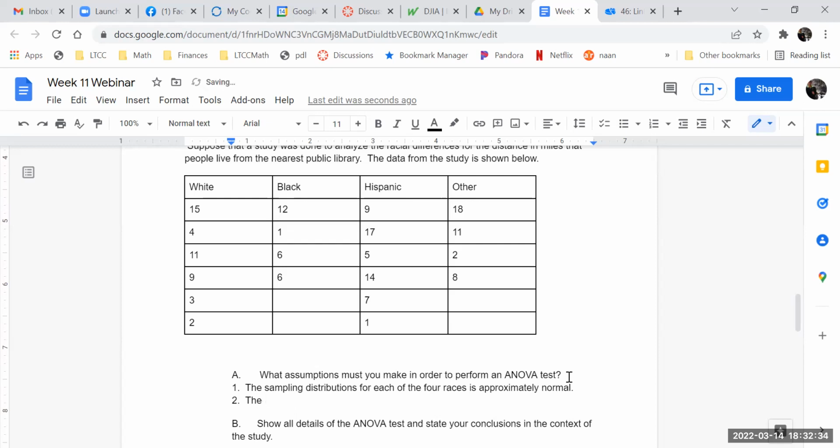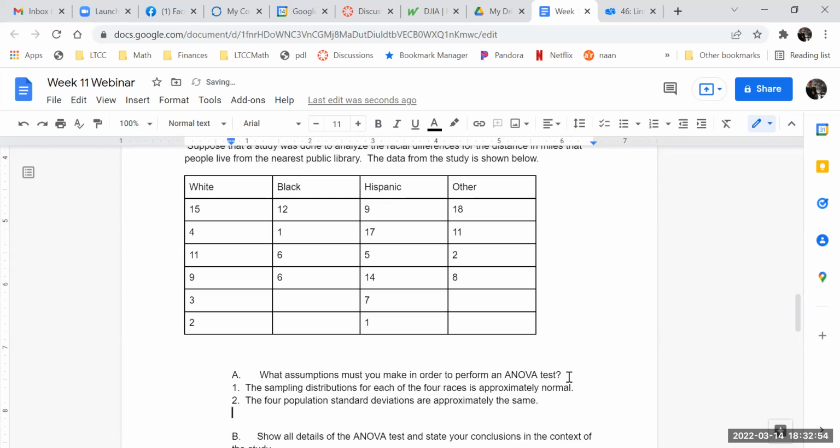So the 4 population standard deviations are approximately the same. Any questions on that?